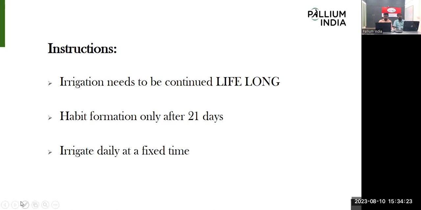We need to explain this, otherwise soon after starting colostomy irrigation they will expect habit formation. So we need to convey that around 21 days is needed for the colon to form the habit. Then they need to irrigate daily at a fixed time, for example every morning if they practice in the morning.